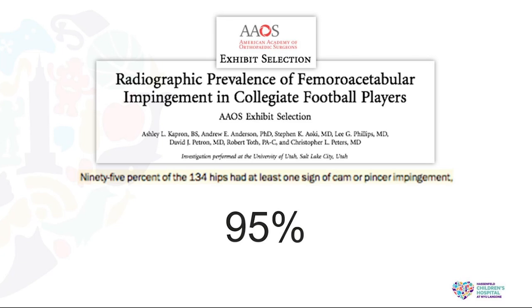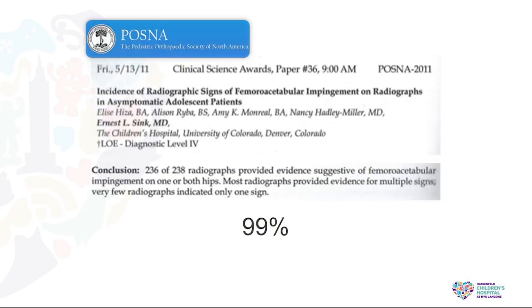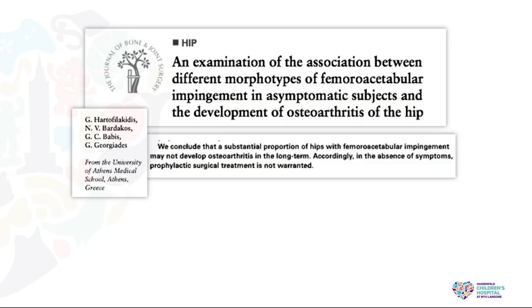In this study that was presented at the AAOS meeting of collegiate football players, they found that femoral acetabular impingement on radiographs was almost ubiquitous amongst these football players. And it was even more prevalent in this study presented at the annual meeting of POSNA a few years ago, but they found that basically everyone had some sign of FAI.